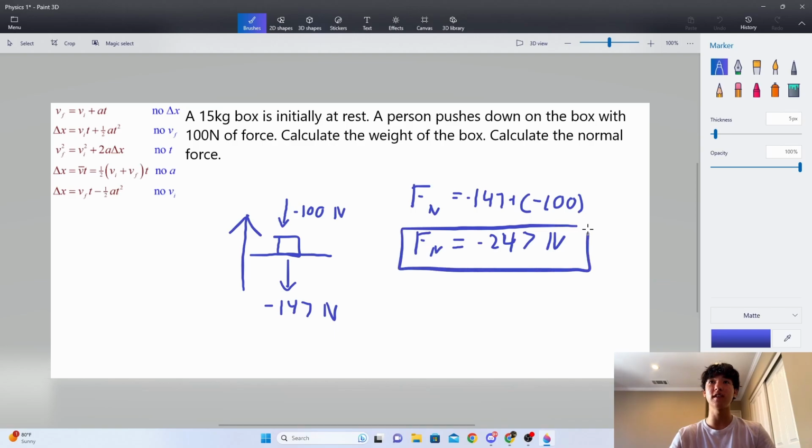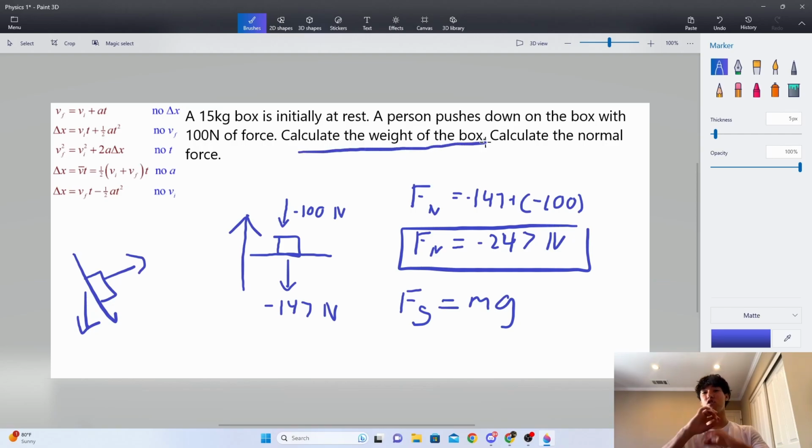So our normal force and our force of gravity were not the same in this question, because the weight is force of gravity, and force of gravity is a very simple equation. It's always mg. But normal force, depending on the scenario, it changes, but F_G is always the same. So the weight, F_G, you never have to really think about it. You can just solve.